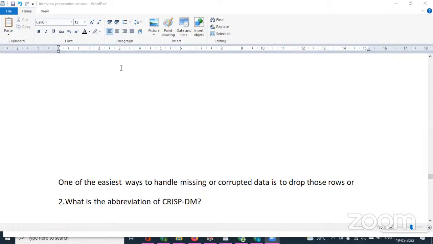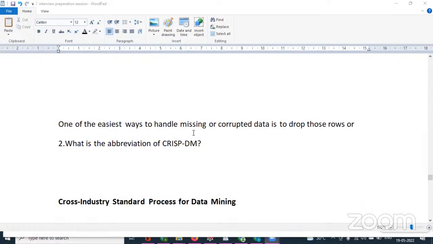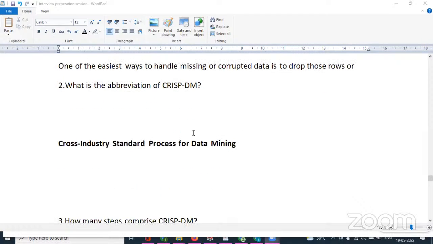Anyway, we will be discussing in a minute. It is Cross-Industry Standard Process for Data Mining.